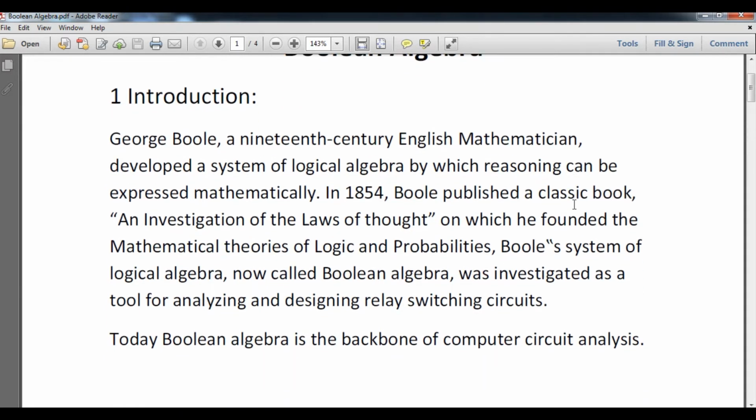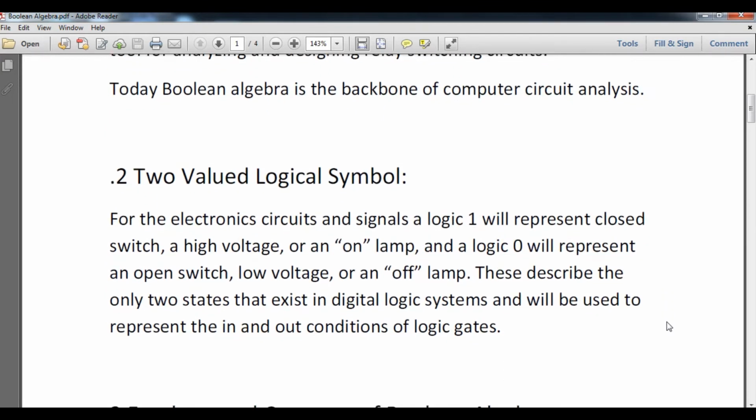This is considered very important for switching, that is, analyzing and designing relay switching circuits, because a computer works with the help of circuits. So today Boolean algebra is the backbone of computer circuit analysis. That's why we are studying this particular chapter.